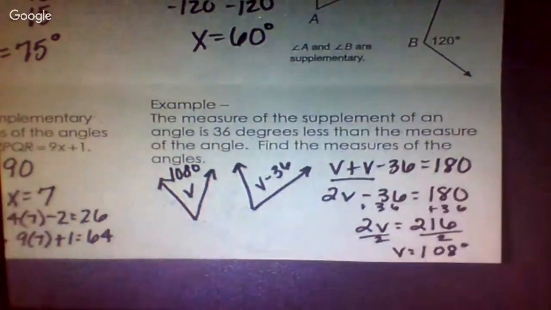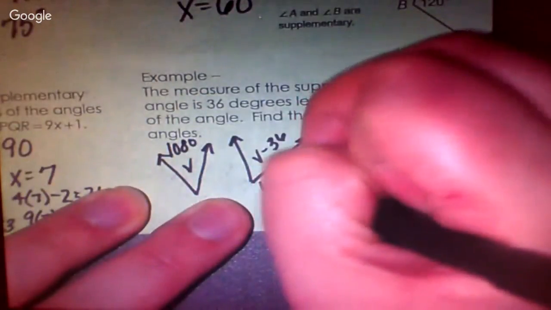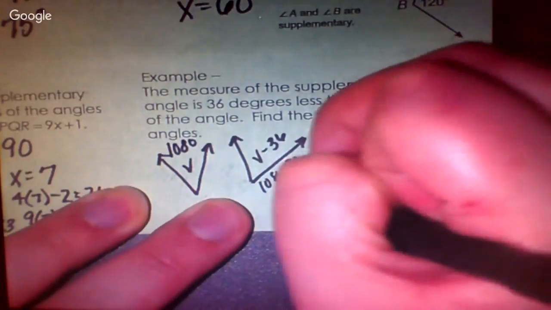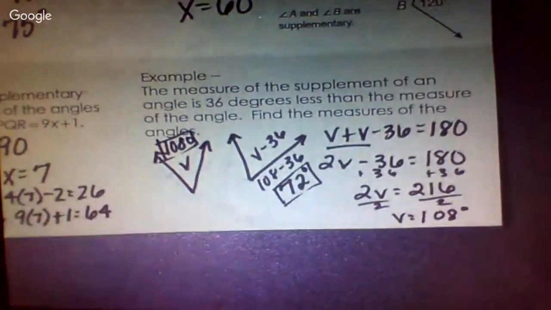So this angle right here is 108 degrees. Your other angle then is what? It's V minus 36. Well, V is 108. So your actual angle is 72 degrees. Okay. Good. Questions? No.